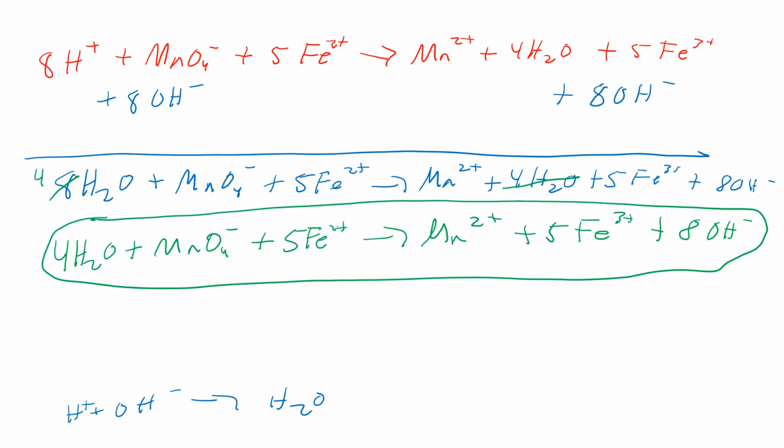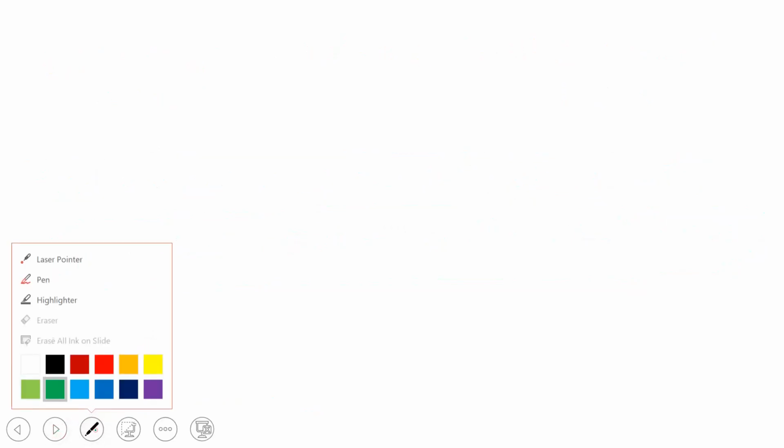So once we've done all that work to do an acidic solution, if you're asked to balance a redox reaction in basic solution, we're just adding one more step to that. All we have to do is add enough hydroxide to neutralize all the protons. So let's take a look at our other reaction that we had.